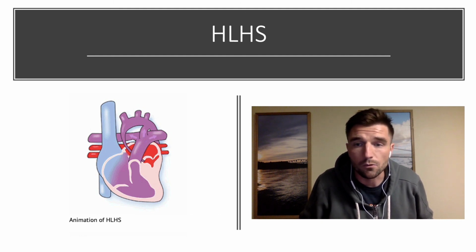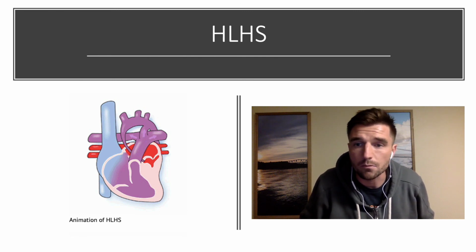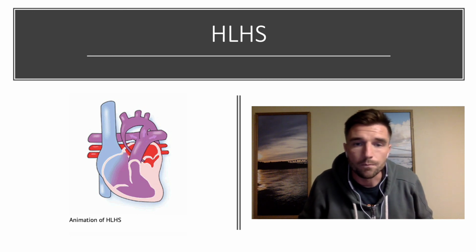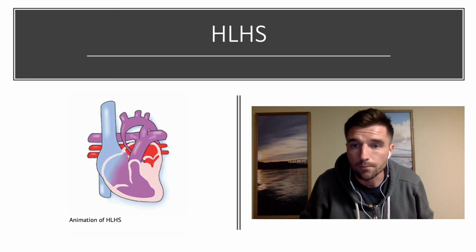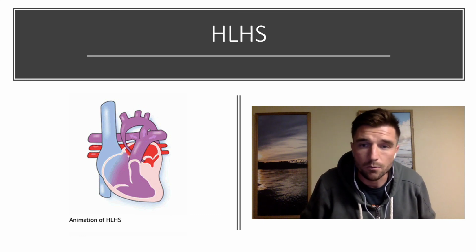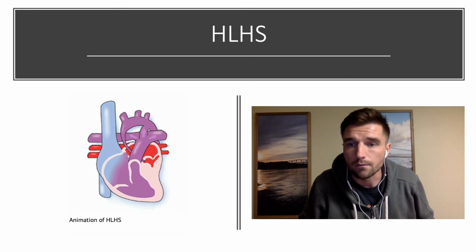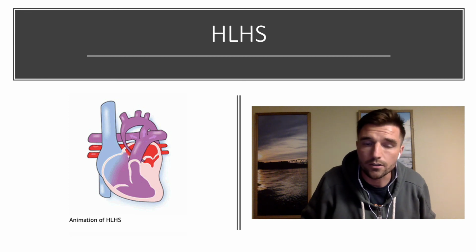So just like we did before, let's trace the pathway of blood. Deoxygenated blood from the venous system is going to return to the right side of the heart, right atrium to right ventricle to pulmonary artery. Let's ignore the PDA for a moment. So pulmonary artery to the lungs. Then, of course, through the pulmonary veins back to the left side of the heart, the left atrium.